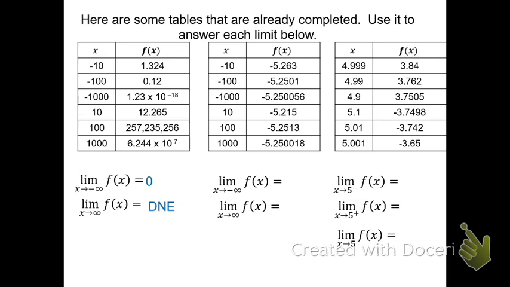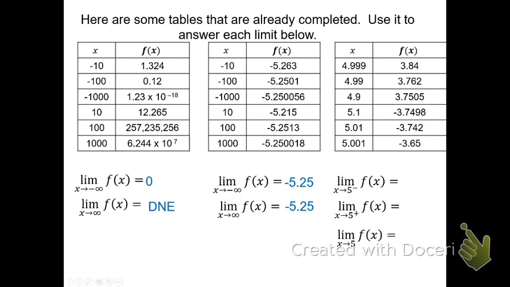Yep, it's going to -5.25. How about as x goes to positive infinity? As we go from 10 to 100 to 1000, we're going from -5.21 to -5.251 to -5.2500. Yep, it's also -5.25 again.